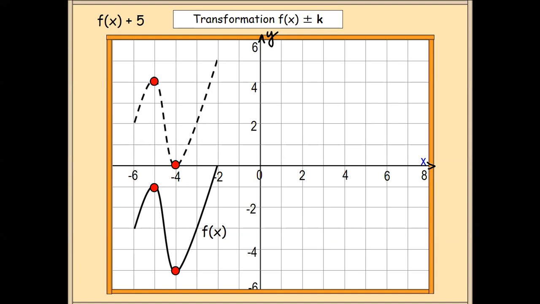So if we were to do it to each point, the graph would just go up. That's why we say when you add a value to your function, it just slides the function up.